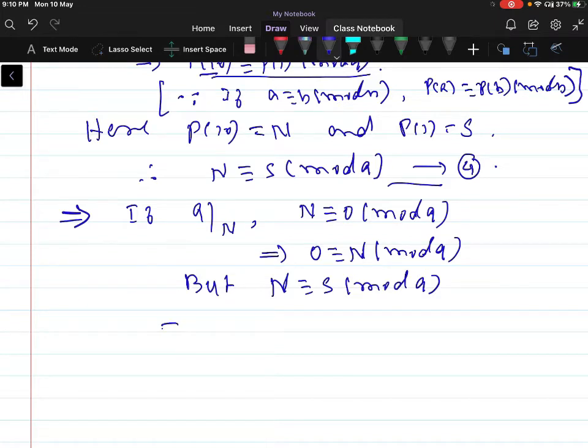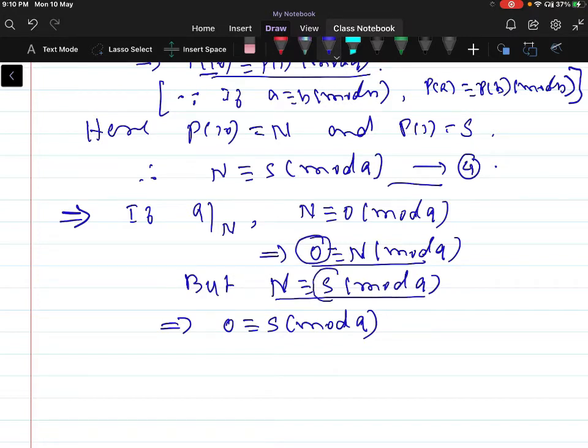So this implies 0 is congruent to s modulo 9, because by using the transitivity relation, 0 is congruent to n modulo 9 and n is congruent to s modulo 9, so then 0 is congruent to s modulo 9.